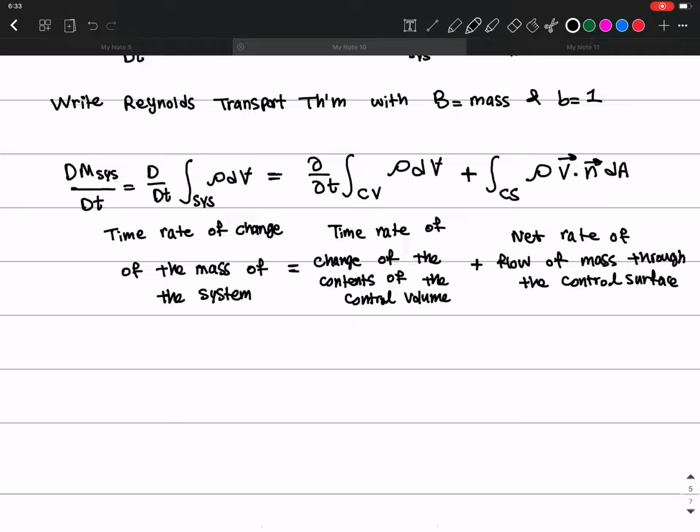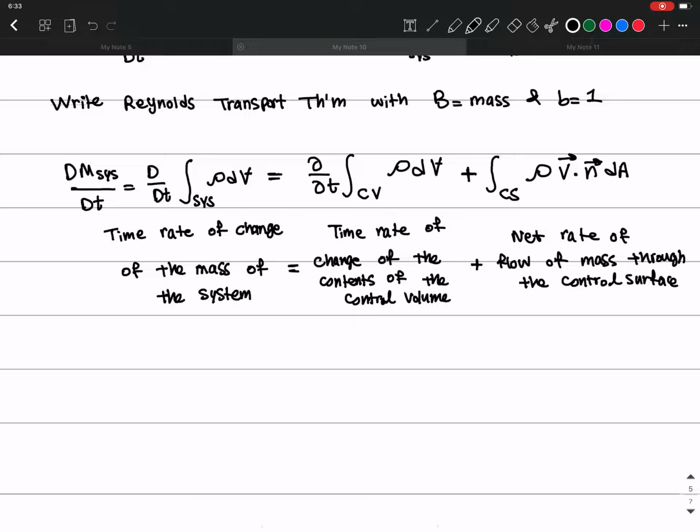So let's investigate this further, for example, for a steady flow and also for an unsteady flow, and look at the implications of this formula and then get the continuity equation. Okay. So say here we have a fixed control volume in space.